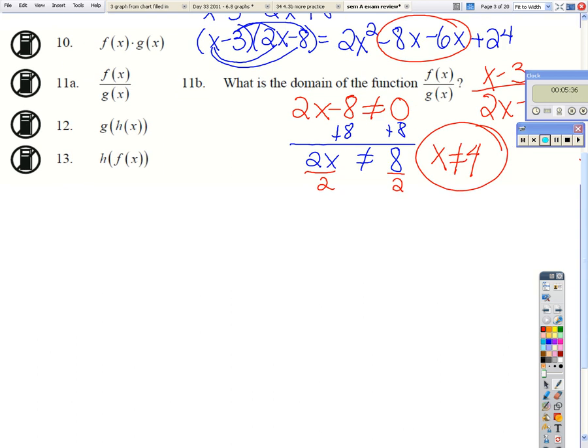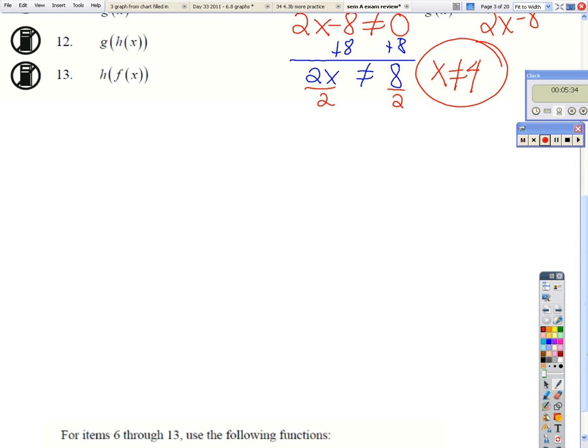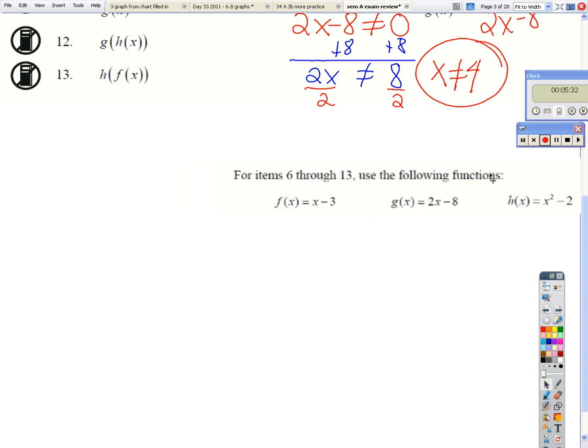For number 12, so to find g of h, that means I'm going to take the h equation and plug it into any x in g of x.